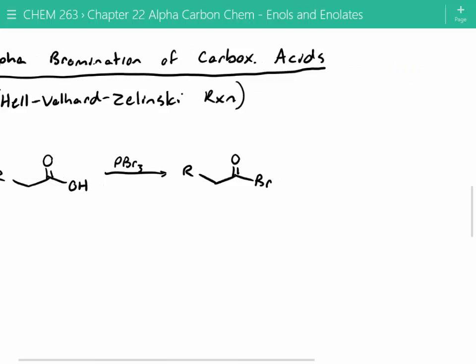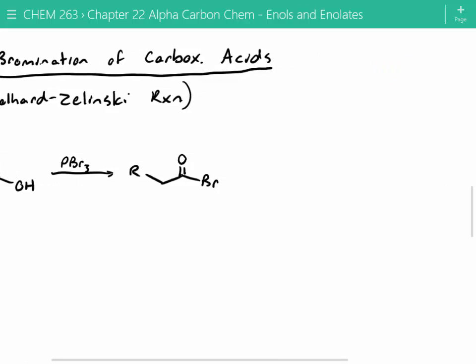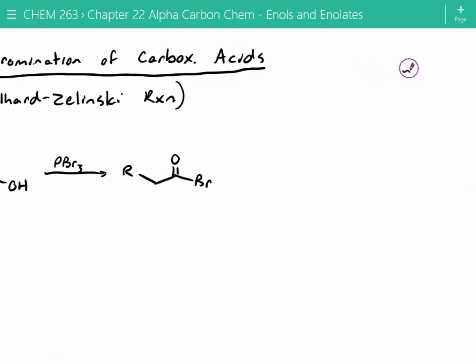Then in the next step, what we do is we can tautomerize this into our enol. So we interconvert between our acid halide and our enol. So let's write that down.